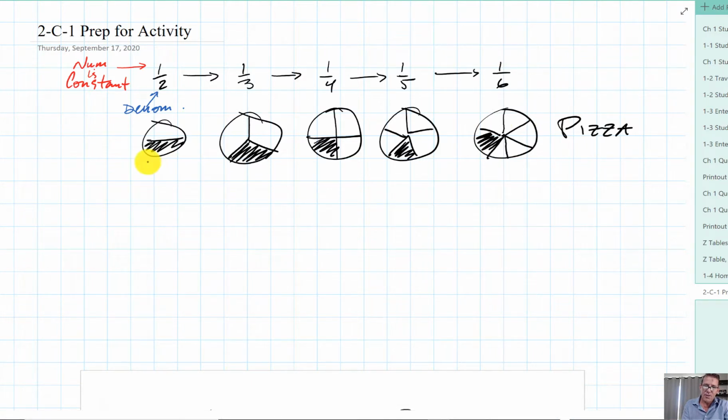So it should be pretty simple to notice that, keeping the numerator constant, here's the key idea.